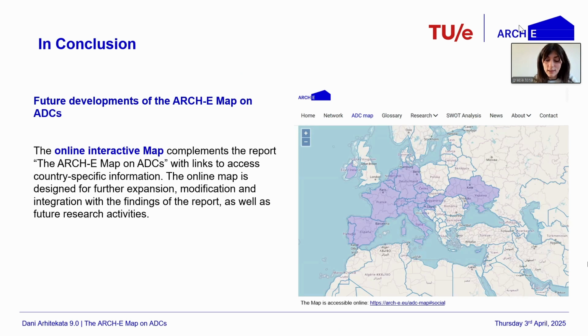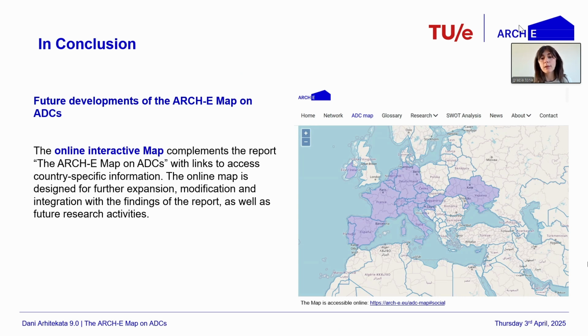The study, the ARCHI map on ADC, is not a concluded effort in our view, but is a starting point, to keep on developing knowledge about what is happening in the competition systems of European countries. This is why we developed this report supported by an additional tool, which is the online interactive map. It was also mentioned earlier in the previous presentation.